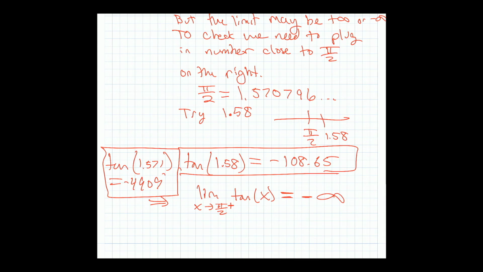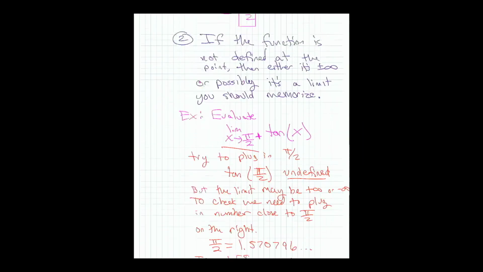Okay, so hopefully between those two values, you agree that the limit of tangent x as x goes to pi over 2 plus is negative infinity. Okay, so what have we done here?